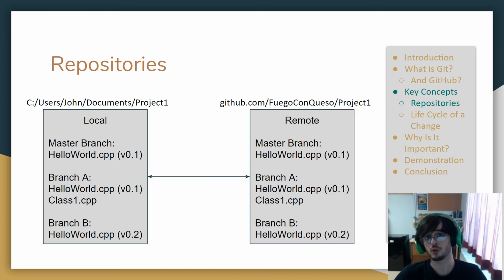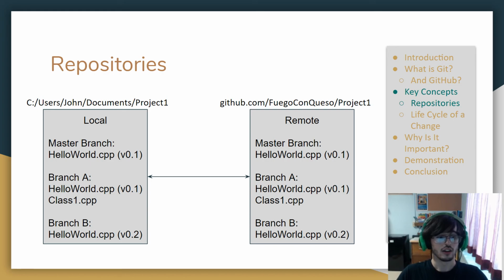So it's just going to be a folder on your computer. And we have a number of different branches in this. So we have our master branch, which has the version 0.1 of the Hello World file. So we'll say that this is the very first save. We just created this file, we put some code in there, great.